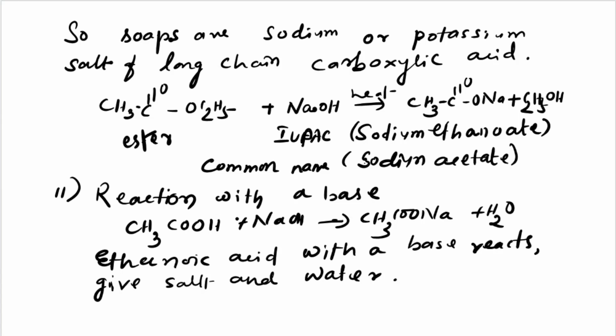So here the reaction with a base: simply it is acid and NaOH is a base, so it gives salt and water, that is CH3COONa, sodium ethanoate. Ethanoic acid reacts with a base and gives salt and water.